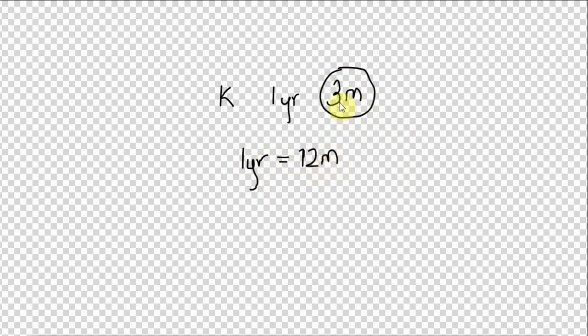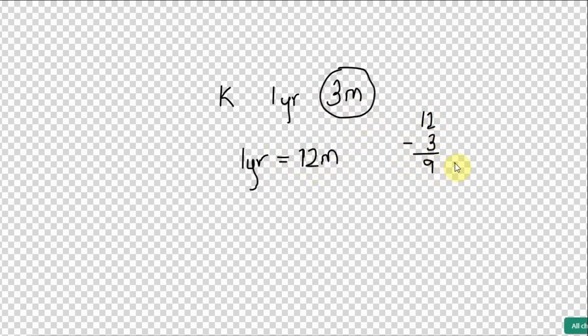So how many months will it take for 3 months to become 12 months? Subtract 12 minus 3. What is it? It's 9.